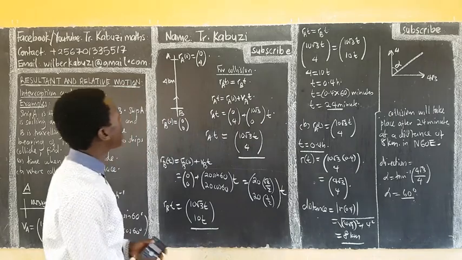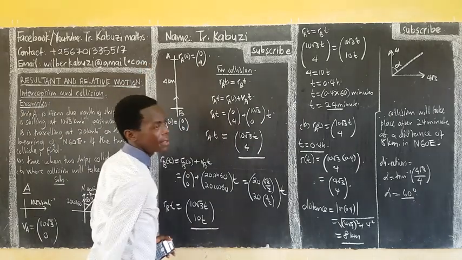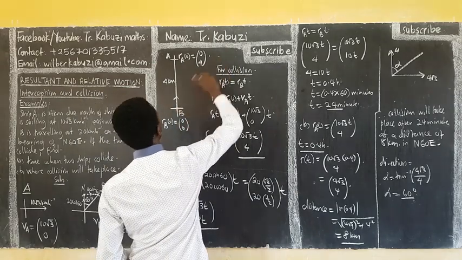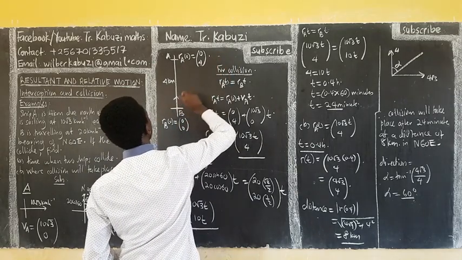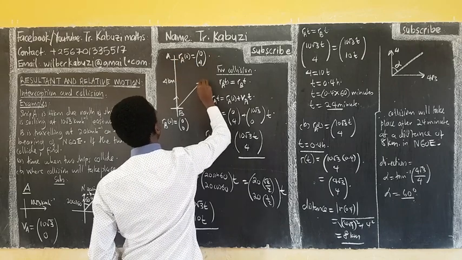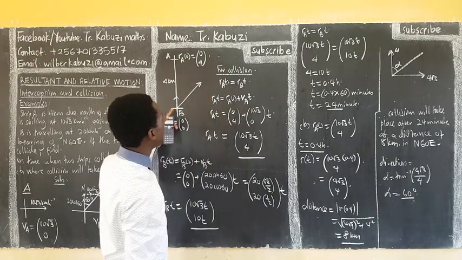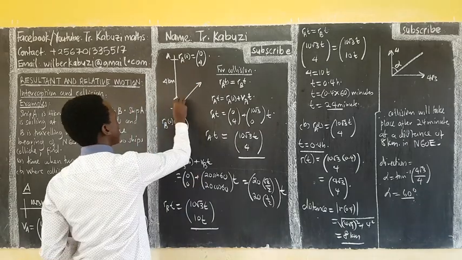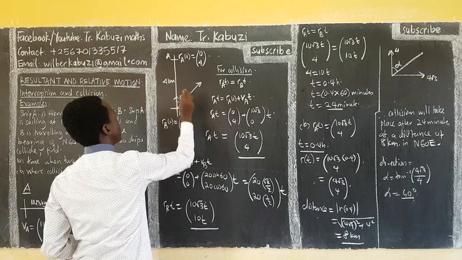How do you see? Because this one was going just eastwards, this one was moving in that direction. So it means that the collision was in that direction also. The direction of collision from here was at 60 degrees, which you can see from there.